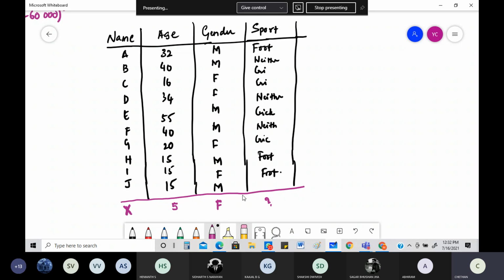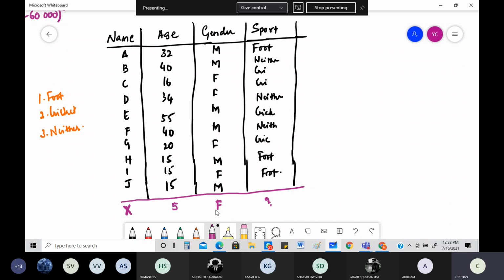What criteria do you have? You have only 3 criteria, not more. Either she will play football, or she is going to play cricket, or she is not going to play anything. Neither. So these 3 categories only you need to put. Which one you will put? That's very important. For that you need what is known as KNN.